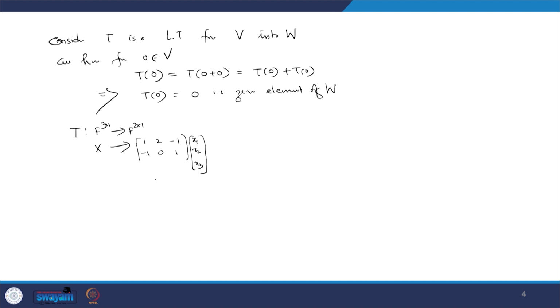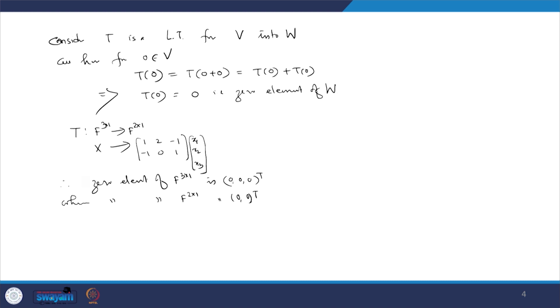If I consider this, then I see that the 0 element of F3 cross 1 is 0 0 0 transpose, whereas the 0 element of F2 cross 1 is 0 0 transpose.